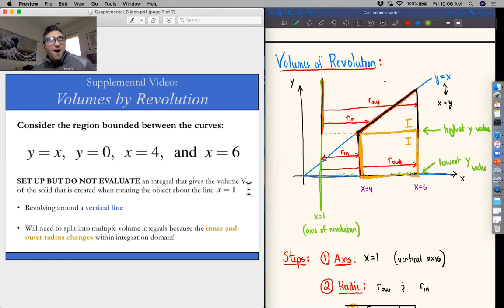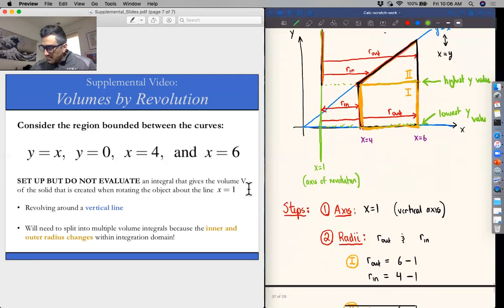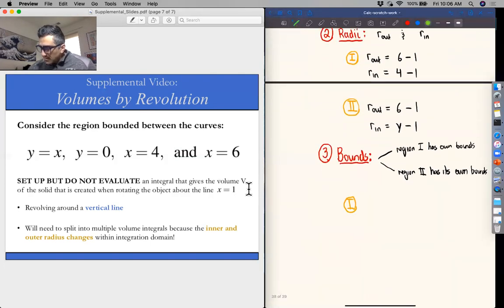So we need to think about how to get these values. Well, for us, that lowest y value just happens to be at y equals 0. So we can say the lower bound in region 1 is y equals 0, but we need to figure out the upper bound.